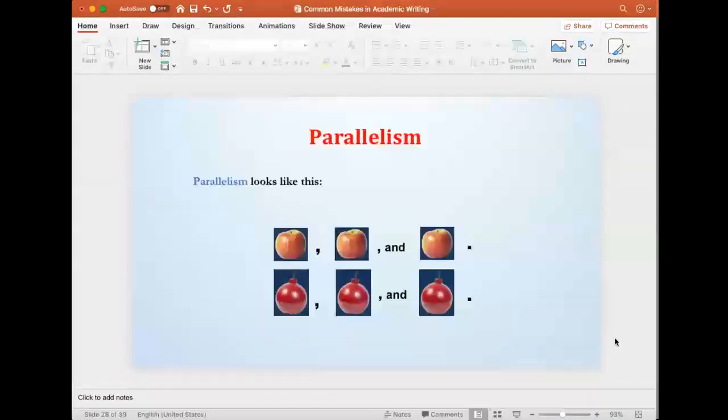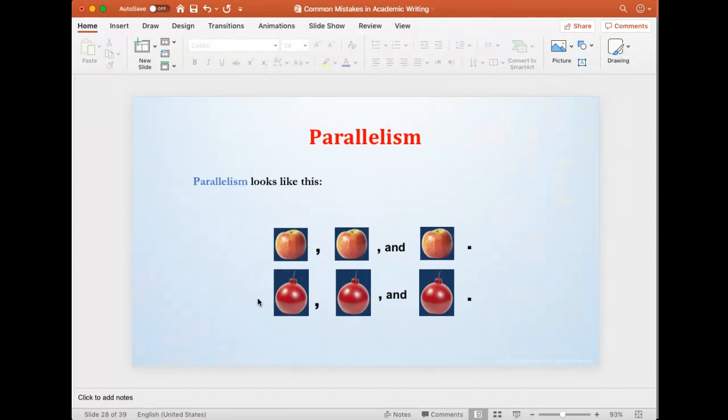All right, let's move on. We have parallelism, and as you can see here, I have put this picture here. Apple, apple, and apple. So these are all the same.